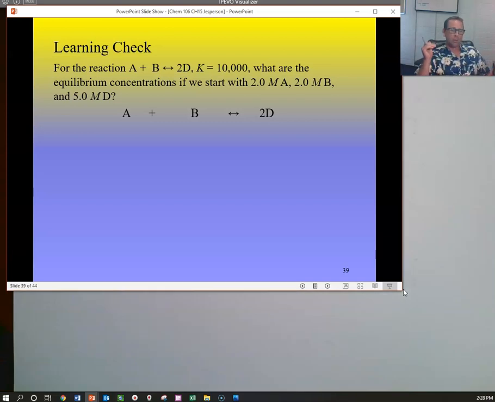Here, we're given the equilibrium constant and the concentrations, but not the concentrations at equilibrium. We're given the initial concentrations, and we want to know how the concentrations will shift to reach equilibrium, and once they reach equilibrium, we want to know the concentrations of all the different reactants and products.